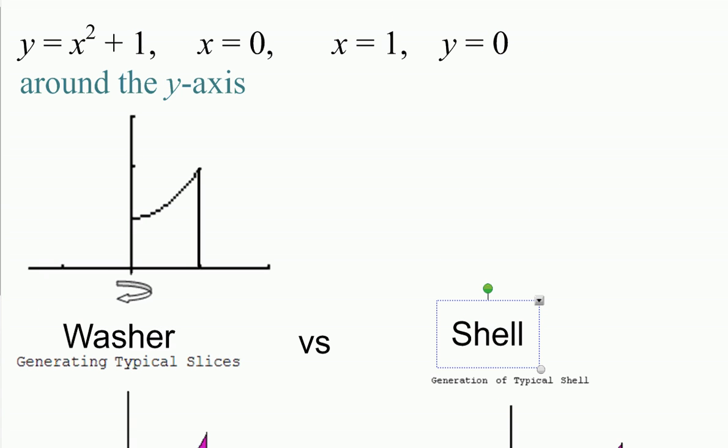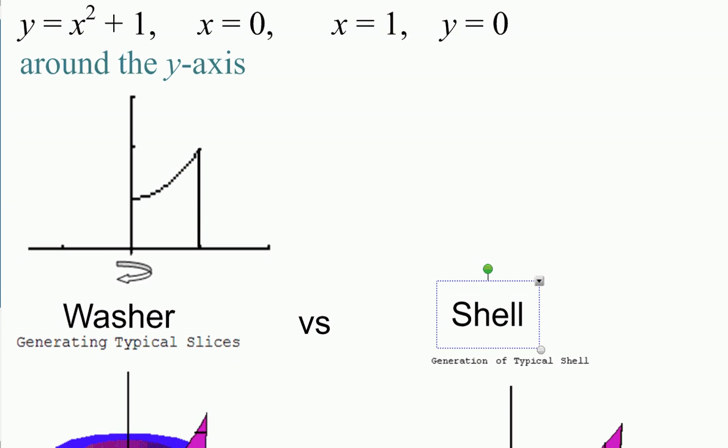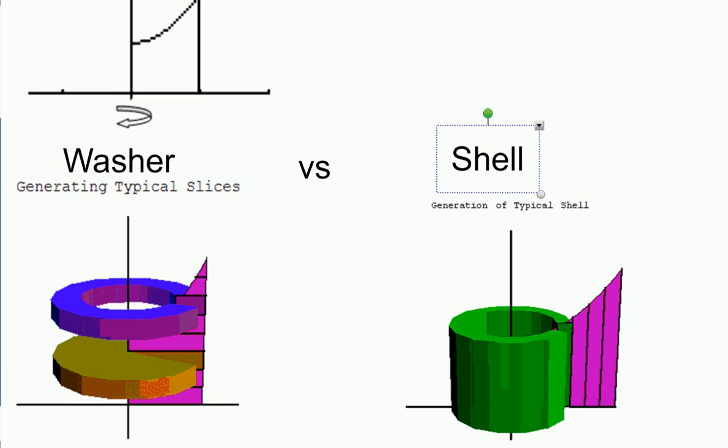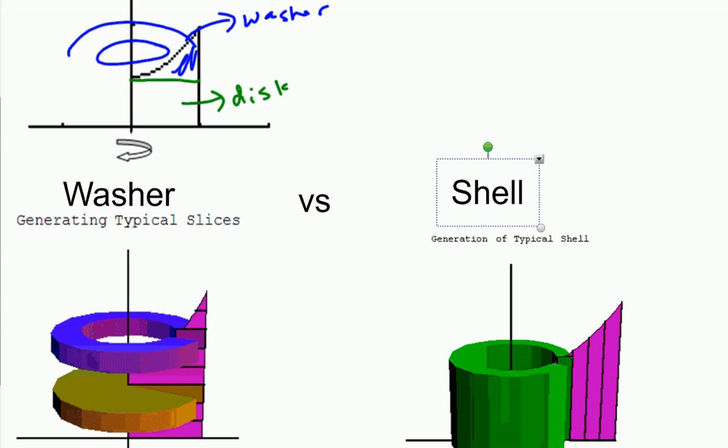Now, there is another reason why the shell method is nice. If you look back at the equation y equals x squared plus 1, x equals 0, x equals 1, and y equals 0, we've got this region. We did this before in the washer method, and you may recall that we had to set this up into two different integrals. You had to break it up: I've got that solid bit there, which is going to be a disk method, and then this bit here, the top half, where you're going to have a hole, so you do the washer method there and set up two different integrals.